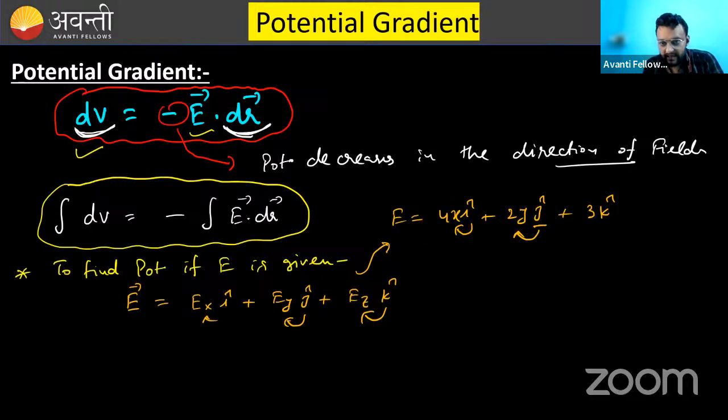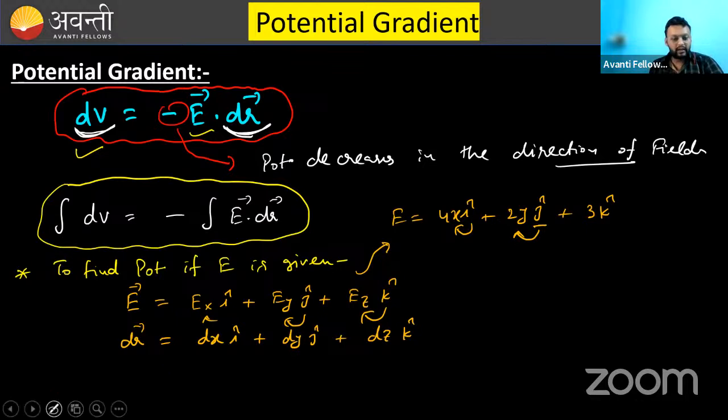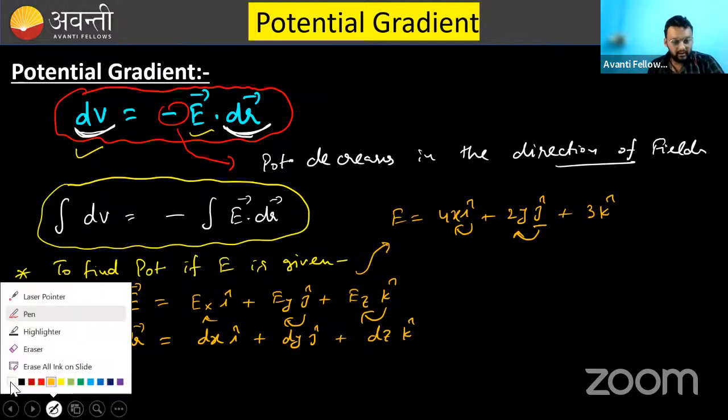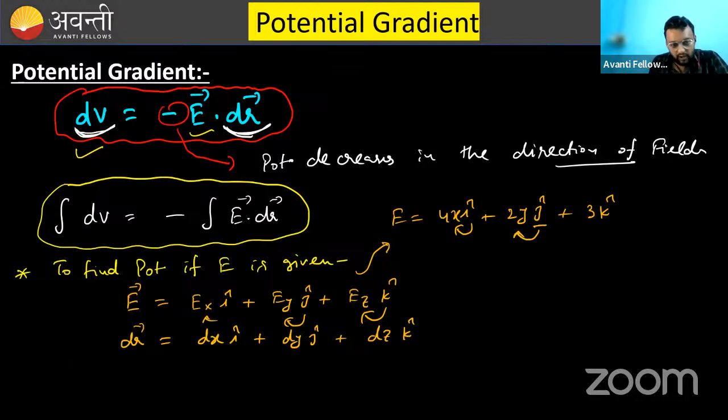It is given like that, and you should compare it with this equation. And dr is the displacement. So dr is something like dx i cap, dy j cap, and dz k cap. Don't worry, I know that it's very difficult for you. So how will the potential be?